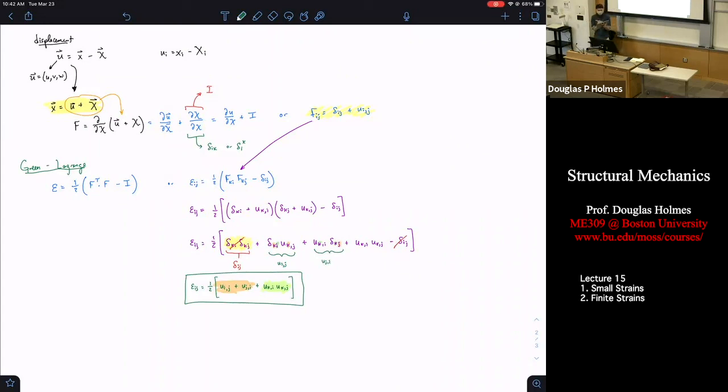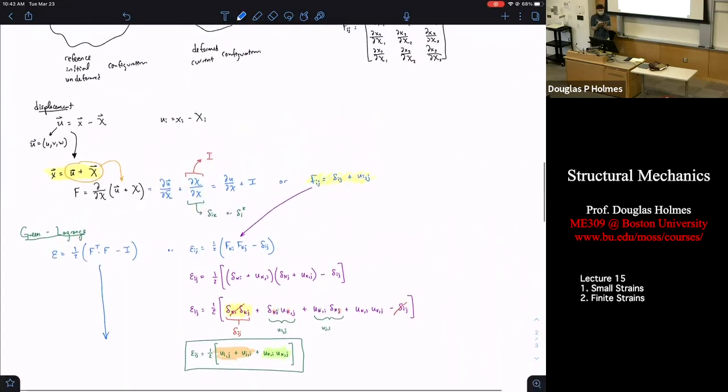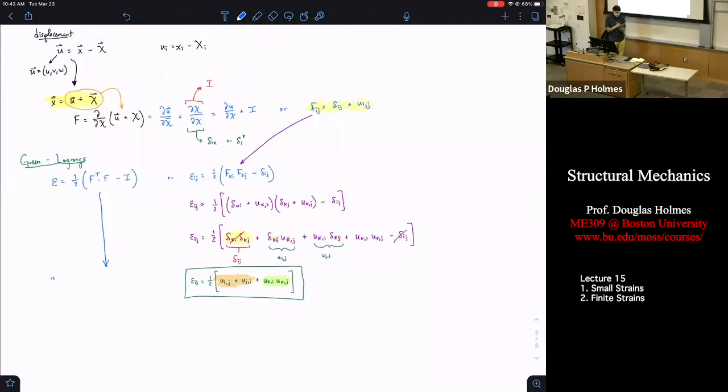And if you want to write this in direct notation, I'm going to skip the derivation and tell you that in direct notation, this becomes equal to gradient of u plus transpose of the gradient of u plus, you could probably guess what the next two terms are by pattern recognition.